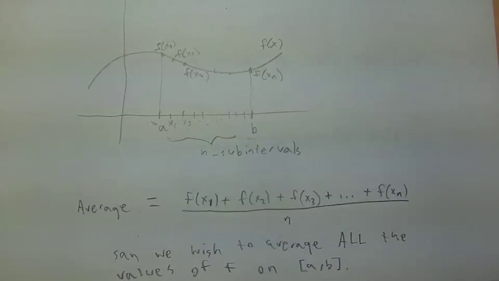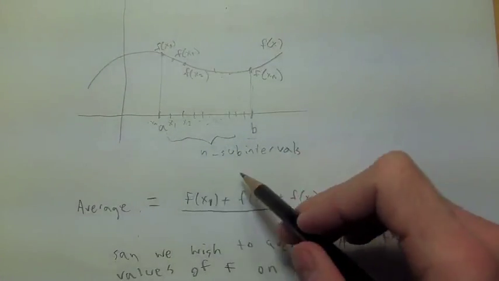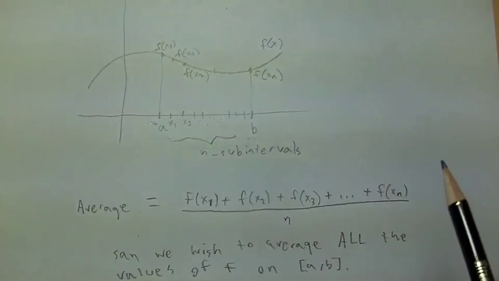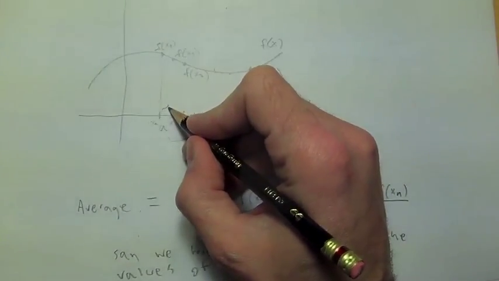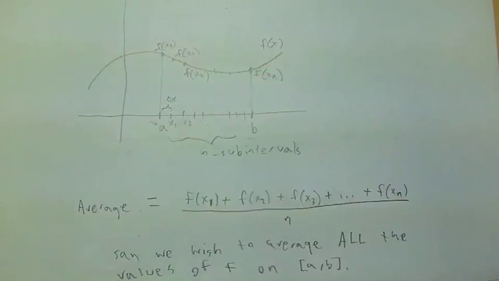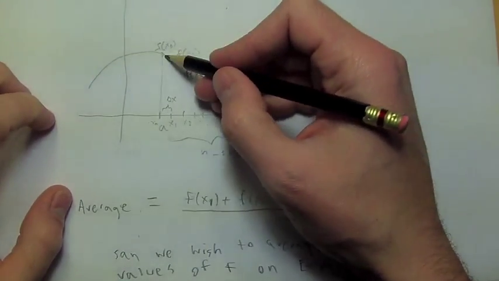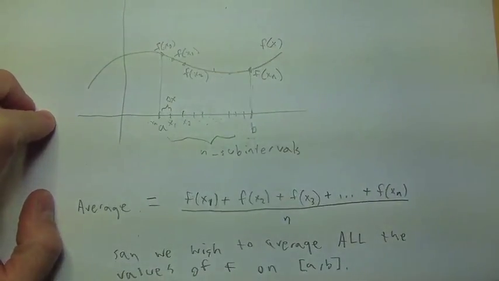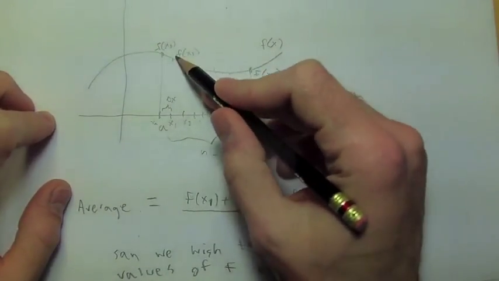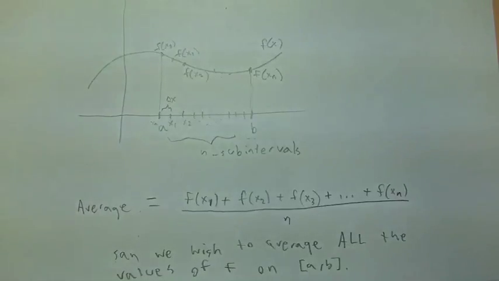Okay, because when we do that, and these are equal subintervals, as the number n increases without bound, the length of each one, delta x we'll call, is going to go to 0. So we'll basically be averaging every single point. As n reaches infinity, we get closer and closer to actually averaging every single value of f.